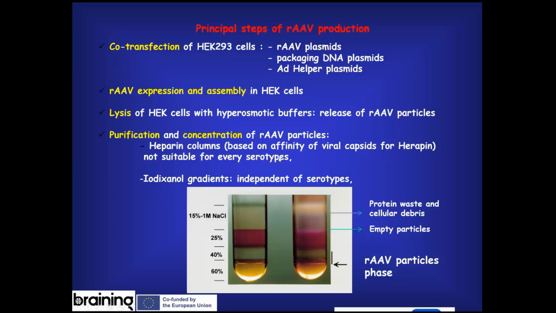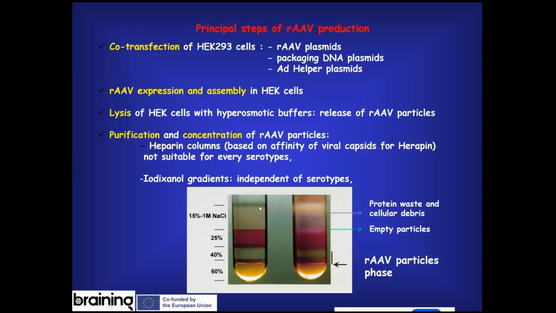Or you can reason that the viral particle, once you get rid of the nuclei, because you can easily get rid of the nuclei with a small centrifugation, a viral particle is heavier than cellular proteins because it contains DNA. So what you can do is what we call a density gradient, which is made by a sugar that is called iodixanol.